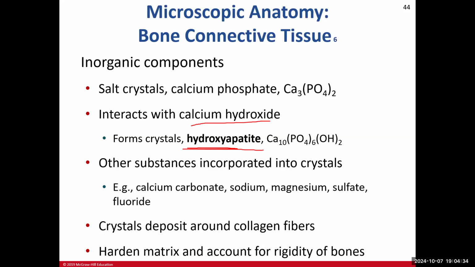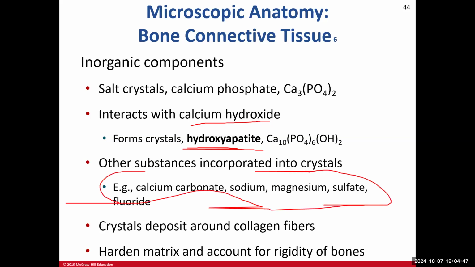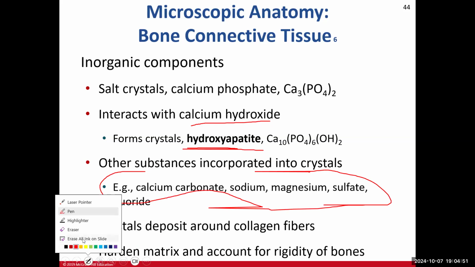And it literally will turn that wet, semi-solid osteoid into a rigid material. Right? You can see all of this stuff that's found in that bone matrix.